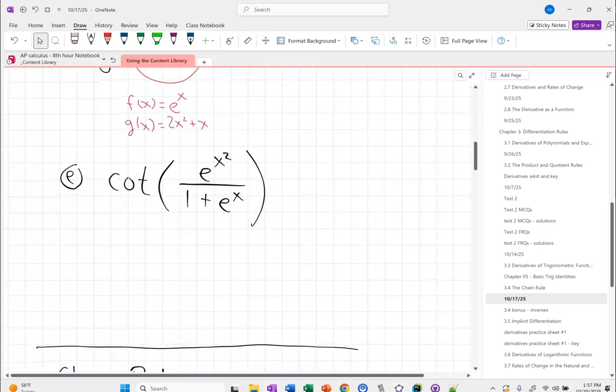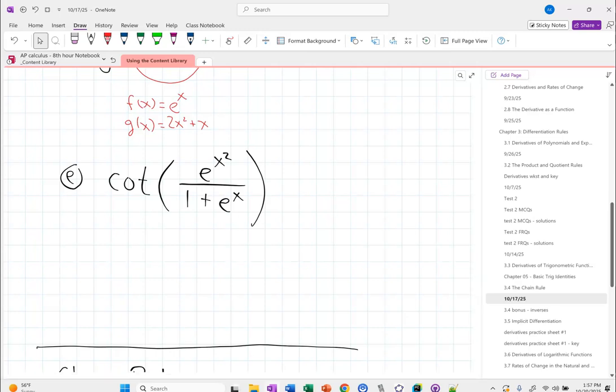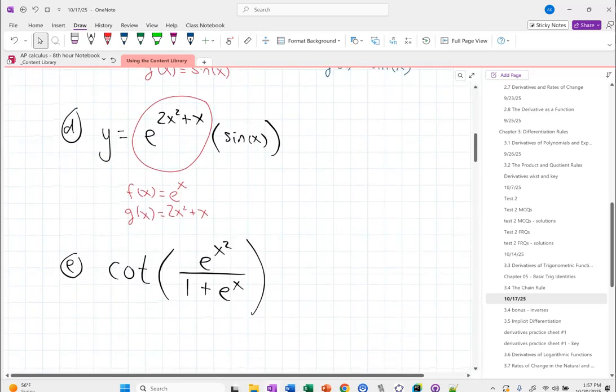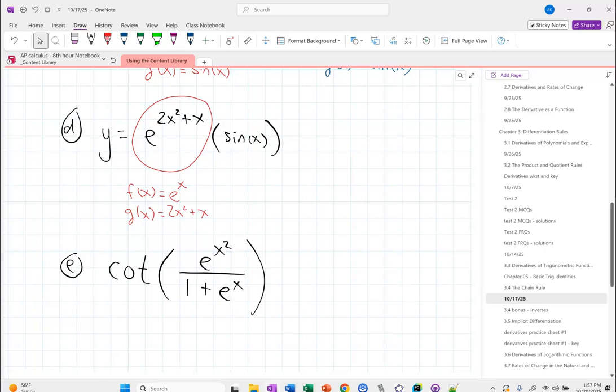How about this one? Last one. What about the sine? Well, it doesn't matter. There's no composition involved with it, right? There's nothing plugged into it. It's like some h of x times some k of x, and we know how to deal with the product of two functions if we take the derivative. So I don't care about this because I know how to deal with that. Does that make sense? This is the thing, though, that up until this point, we don't know how to take the derivative of.